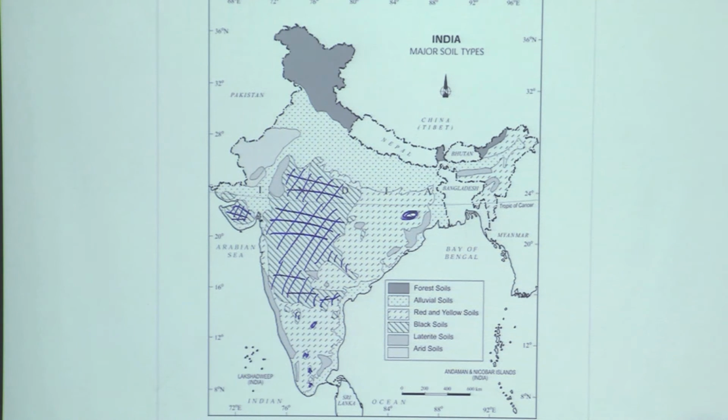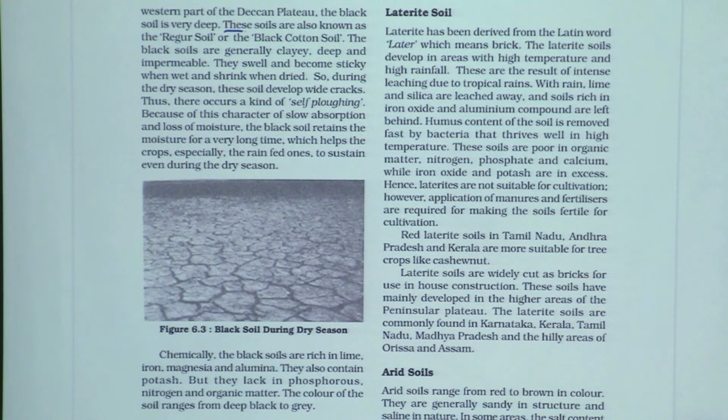Which type of soil is black soil in accordance to NCERT? These soils are also called Regur soil or black cotton soil. The black soil is generally clayey, deep and impermeable. They swell and become sticky when wet, and shrink when dry.